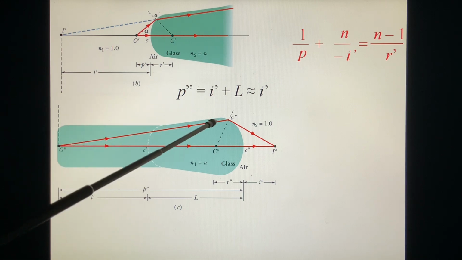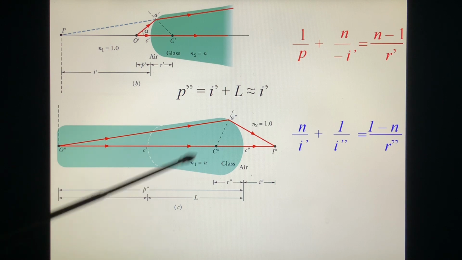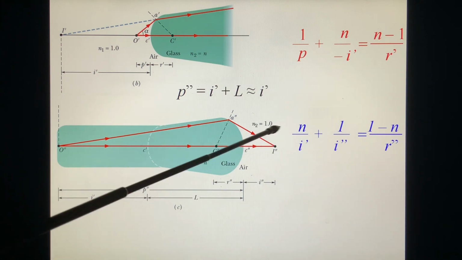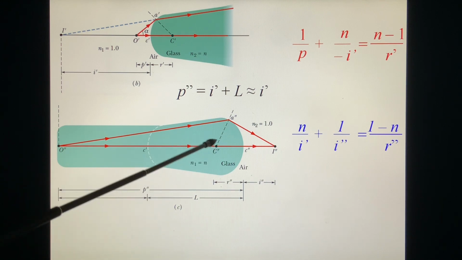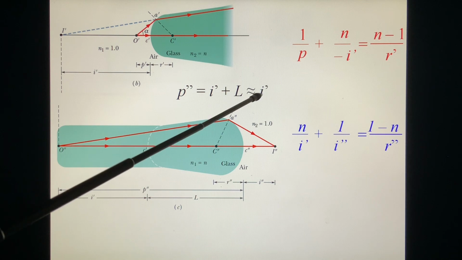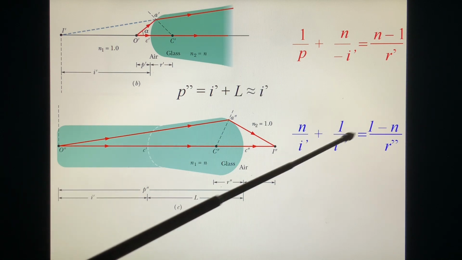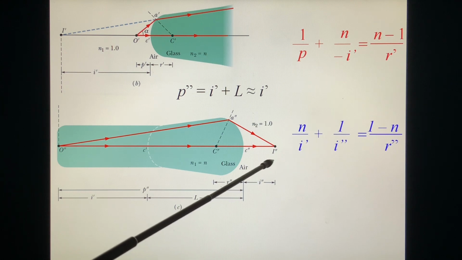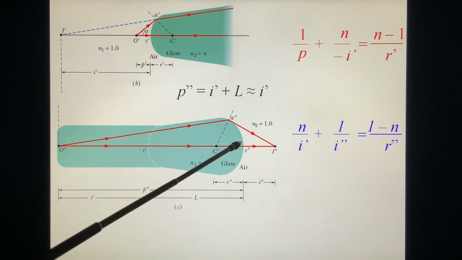And we use the formula for this refracting surface. On each side, this is the N. This P is equal to I prime, and on this side is air, so this N is 1, this is R prime.